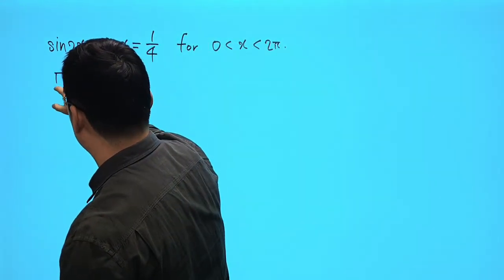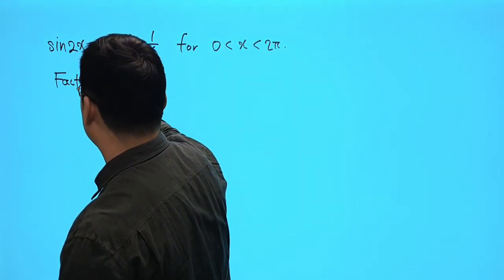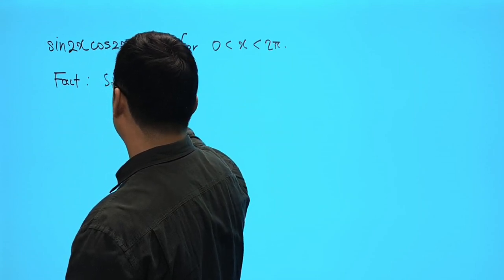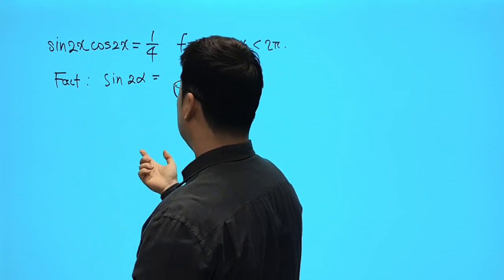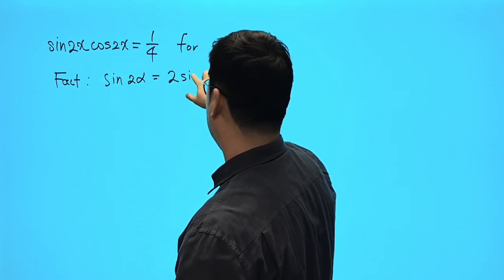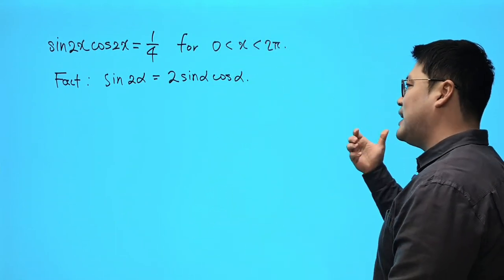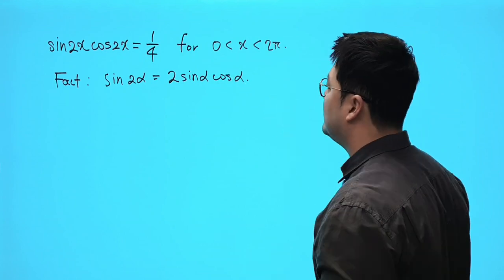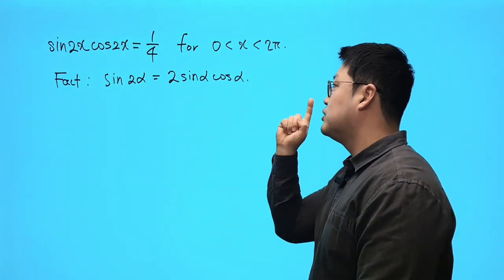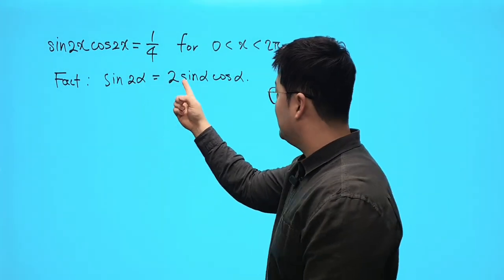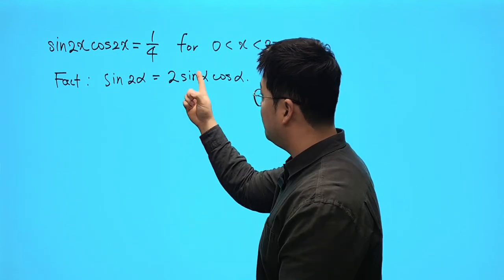So here we go. I can write down as a fact that sine 2α is going to be 2 sine α cosine α. Let's switch that little 2x into α.